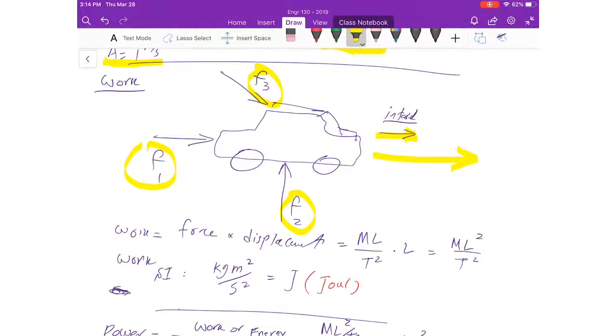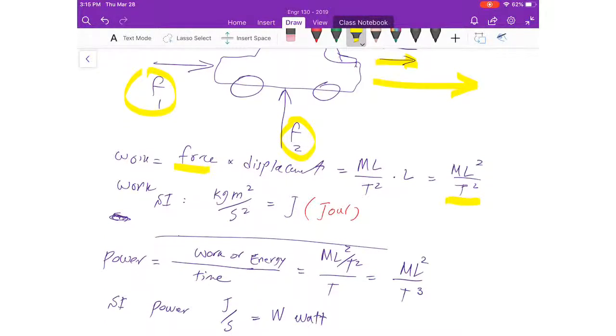If I simplify it, it is force, which you already know, M L over T square, times length, and we get M L square over T square. The unit for work is the joule. Very simple. Or you can call it Newton meter, because the unit for force is Newton and the unit for displacement is meter. So 1 joule is equal to 1 Newton meter.